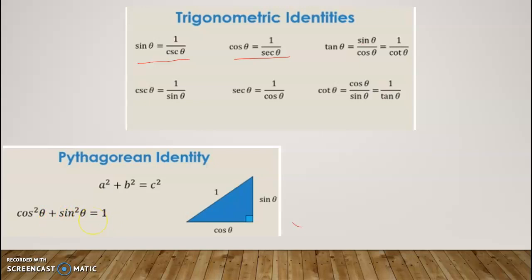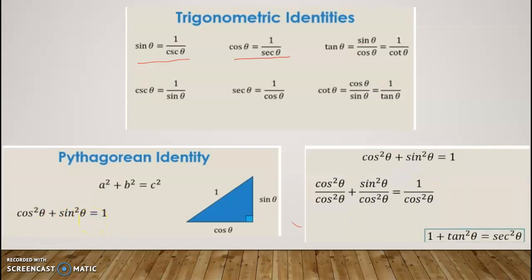All right? Now, you can take that and convert it a little bit. If you want to have a tangent involved, you'd have to have sine over cosine. Remember, sine over cosine. So I'm going to have to divide everybody by cosine squared, because whatever I do to one, I have to do to all.